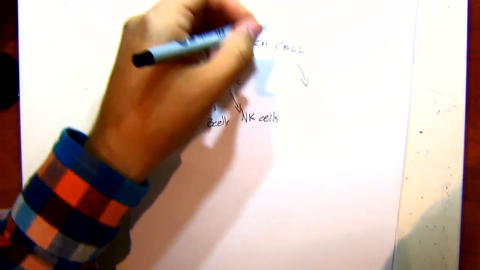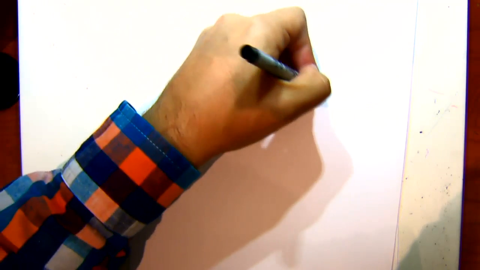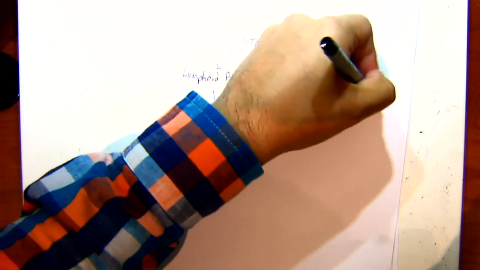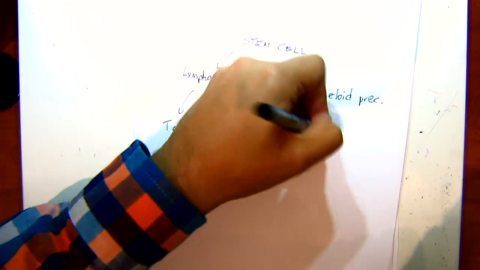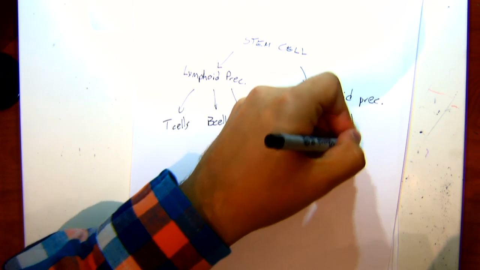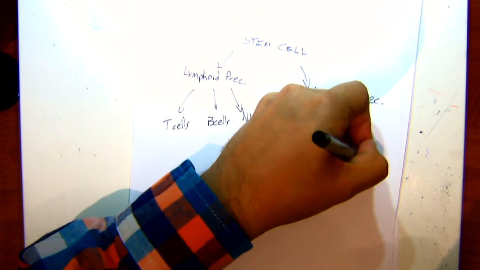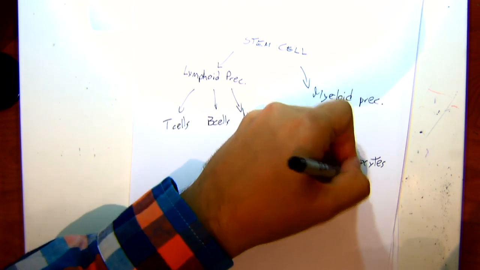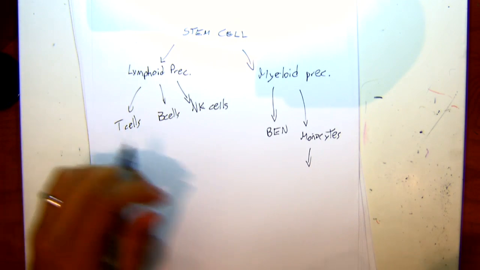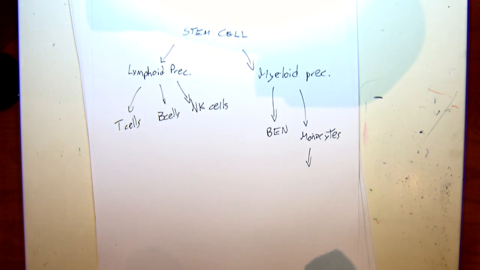And then you had the myeloid precursor that gave rise to monocytes, which turn into what? Macrophages, yeah. When they differentiate, they turn into macrophages when they get into the tissue.